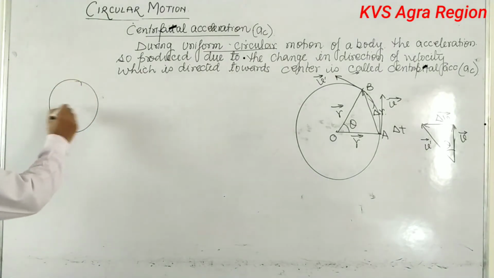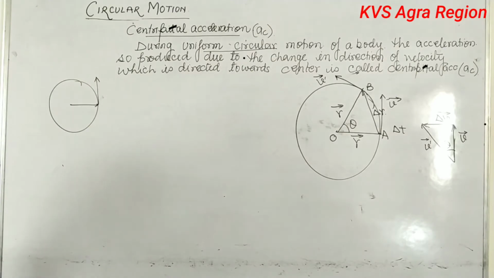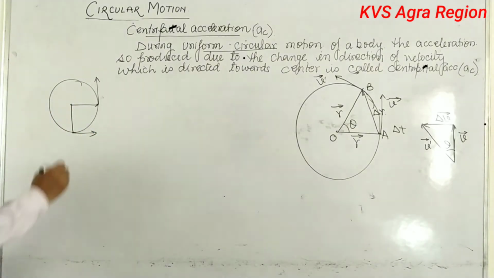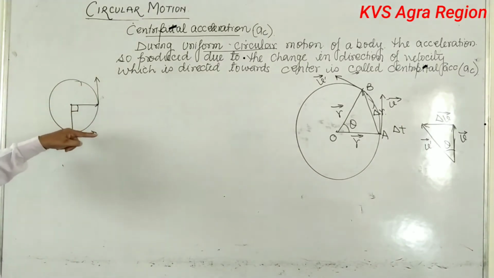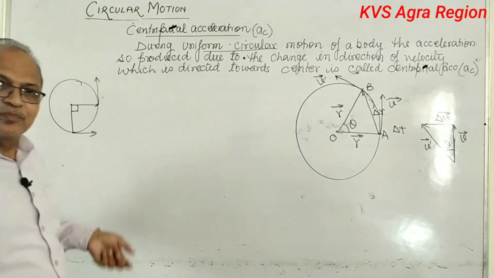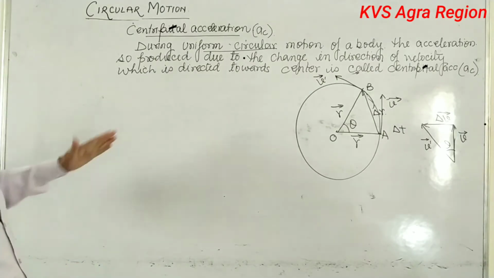If this is a circle, the vector over here has a perpendicular like this. If the vector is over here, the perpendicular is like this. These two vectors have a 90-degree angle. Naturally the vectors perpendicular to these two also have a 90-degree angle, the same thing.